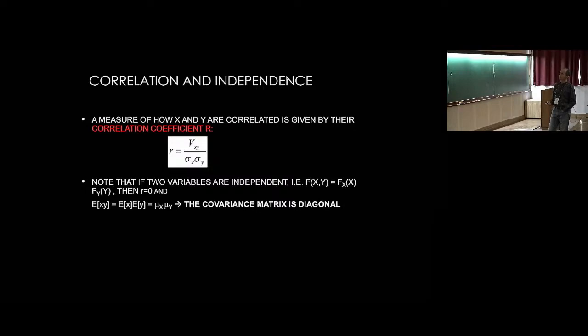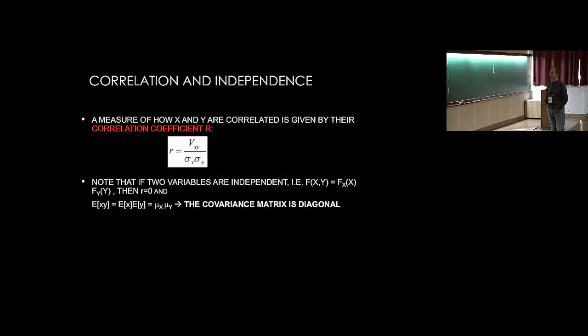Now, if the two variables are really independent, that is, x and y are, you can take the PDF, the density function of x and y, separately, and you can decompose it into the product of two different PDFs, f of x and f of y. If you can do this operation, then not only is the correlation coefficient 0, but also the expectation value of the product is the product of the means.